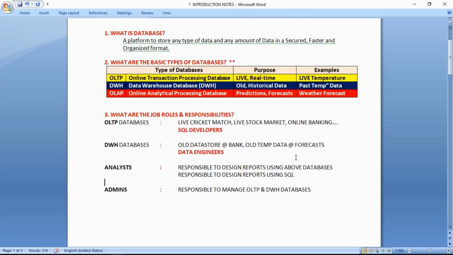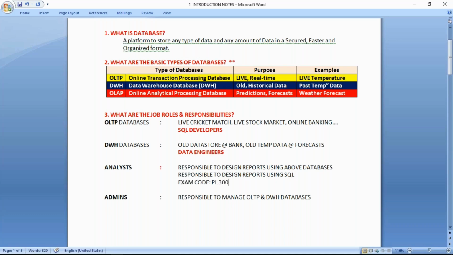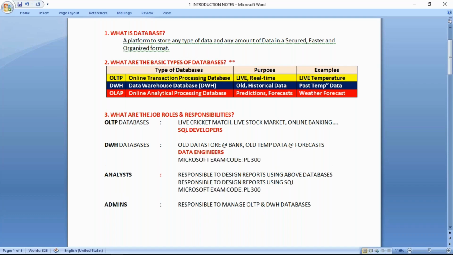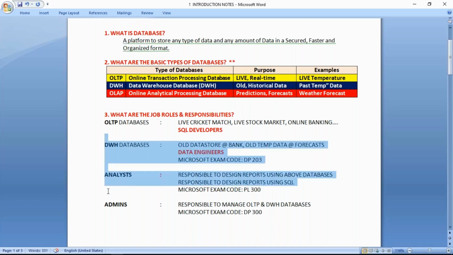In case you are planning for certifications, here the Microsoft exam code PL300 from Microsoft. Same way, here we have Microsoft exam code DP203. For your resumes, see if you can plan your certification also for better scrutiny. This is DP300. My preference here.